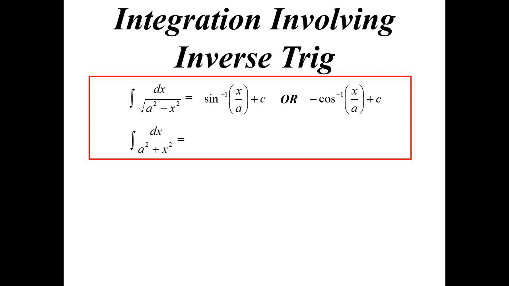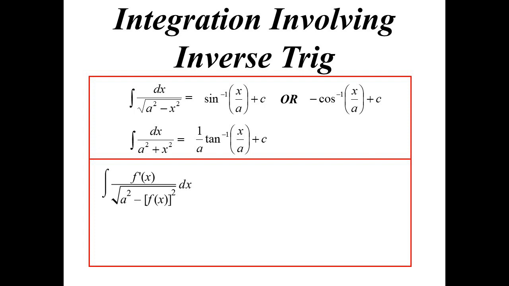The other one then is just the inverse tan one, so dx on a squared plus x squared would go to that, but don't forget the one on a out the front. That's the big thing that's forgotten with these ones. With inverse tan, one on a is out the front. That's very limiting, if you can create it in the form that we're used to seeing.